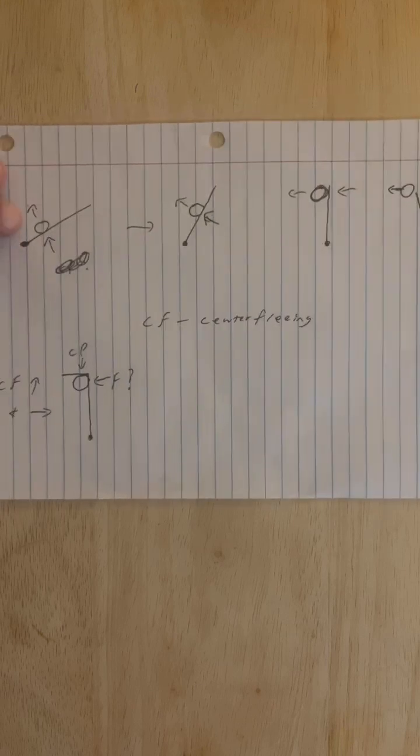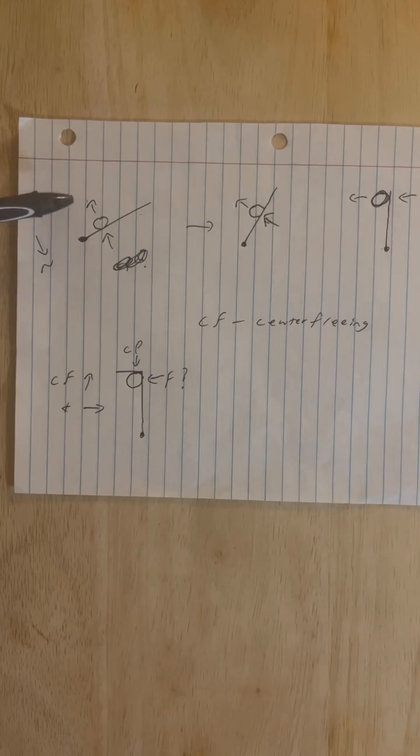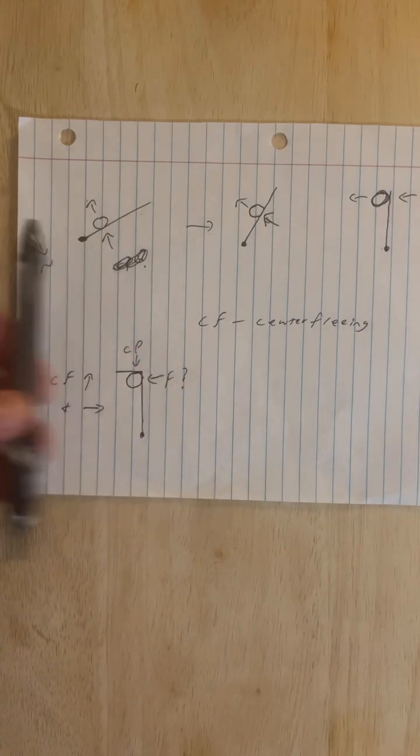Now I'm going to show where a centrifugal force could be considered an imaginary force. As you put this ball in this tube or put this ball on this board and then you fling that board, it appears that there's a force that's causing this ball to rise up to the top of that board. There is actually no force pushing this ball up the board. The force is always perpendicular to the board.